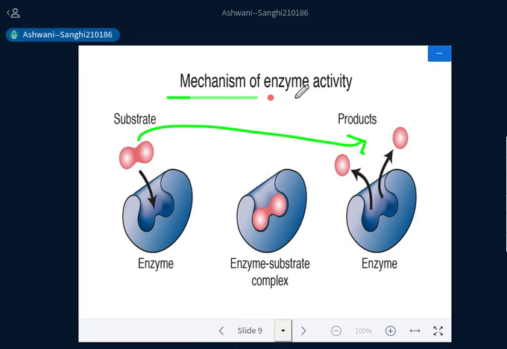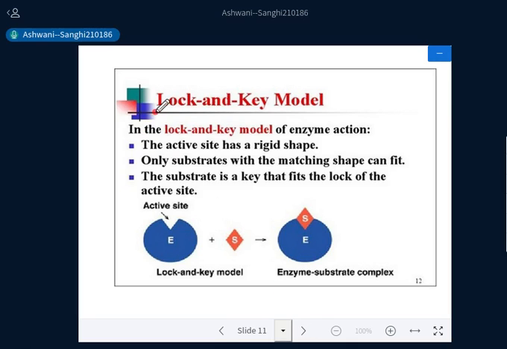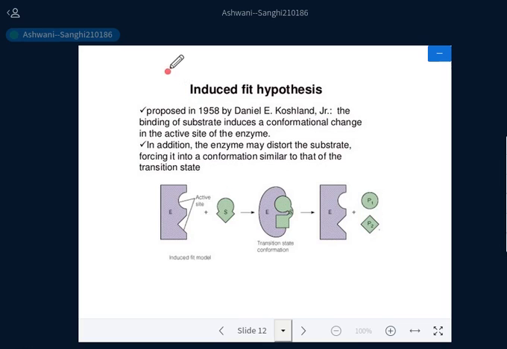This is the mechanism of action of enzyme, and to explain the mechanism of action of enzyme there are two hypotheses. First is the lock and key hypothesis, or lock and key model. Second is the induced fit hypothesis.